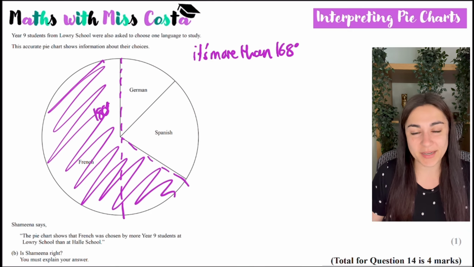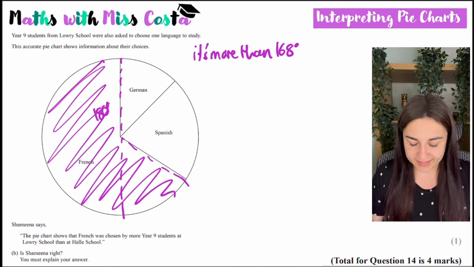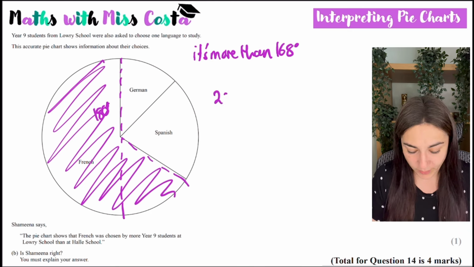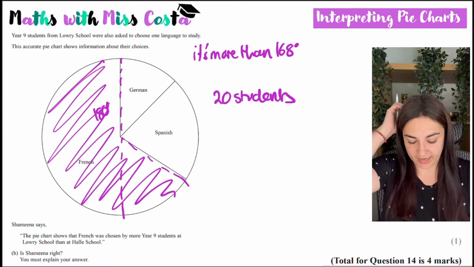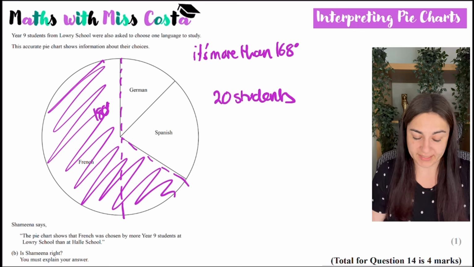However, we haven't been given numbers. So for instance, it could be that there are only 20 students in total and that, let's say, 14 of them study French.